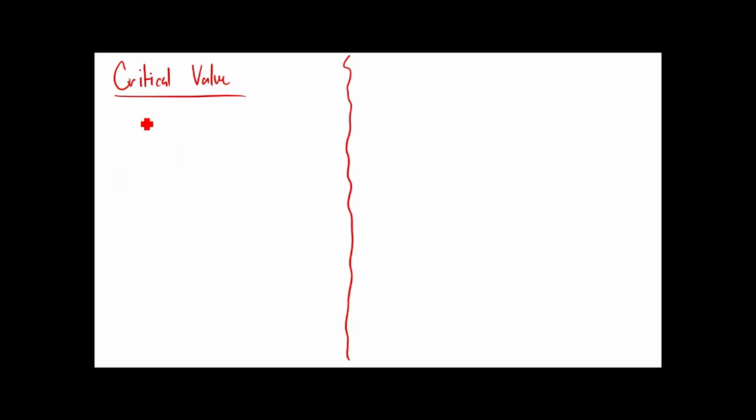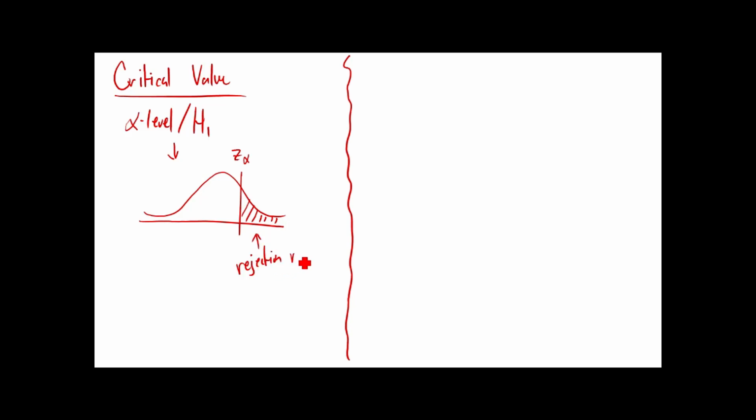Based on your alpha level and your alternative, you take that to the Z table, you get a cutoff, and you get a rejection region. And then from there, you calculate your test statistic. Okay, so that's what we've been doing.